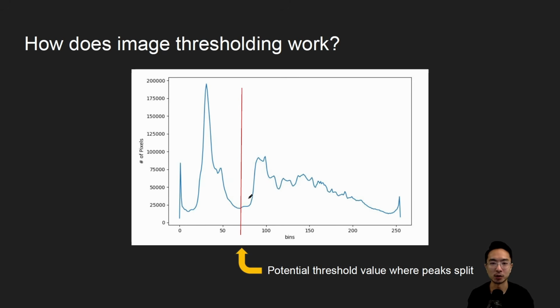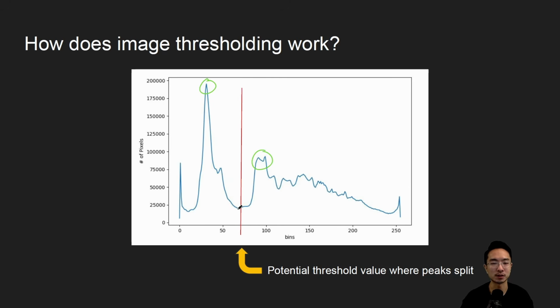So we'll see more in detail how that influences the results. A potential value here is where the peak splits, and obviously where the peak splits could be defined differently, but in the example that we'll be talking about today, we'll choose somewhere right where it dips so that the two peaks are exactly separated somewhere in the middle.